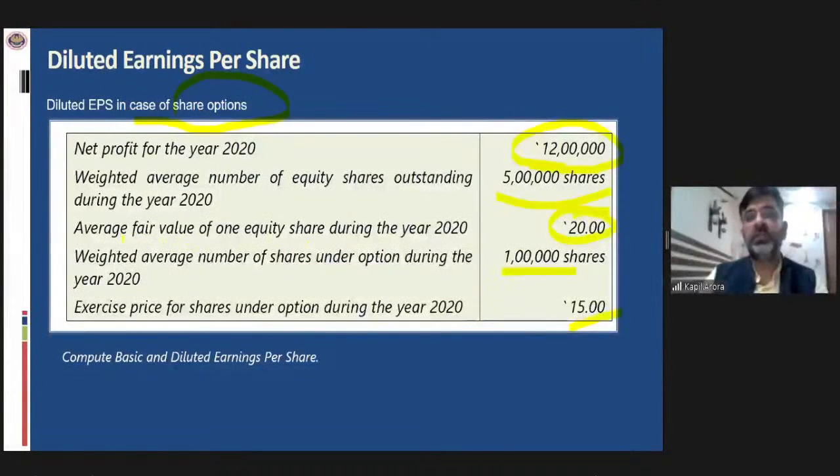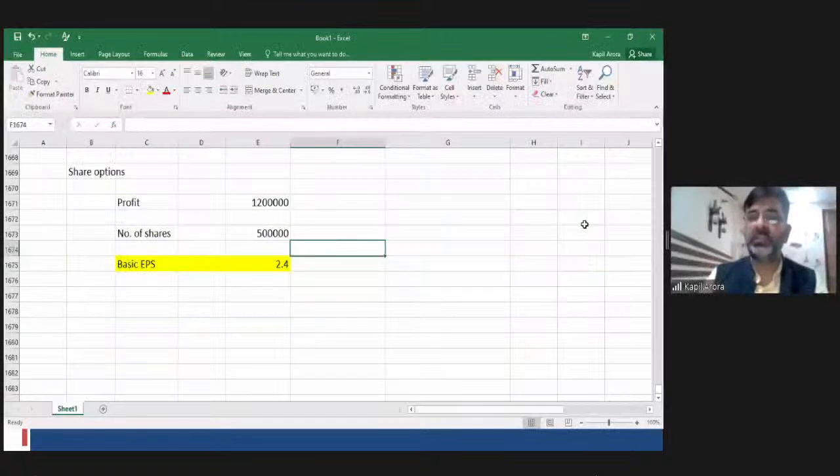But the question comes up that the company has given 1 lakh share options. At what price? Price is 15. And what is the market price? Market price is 20.